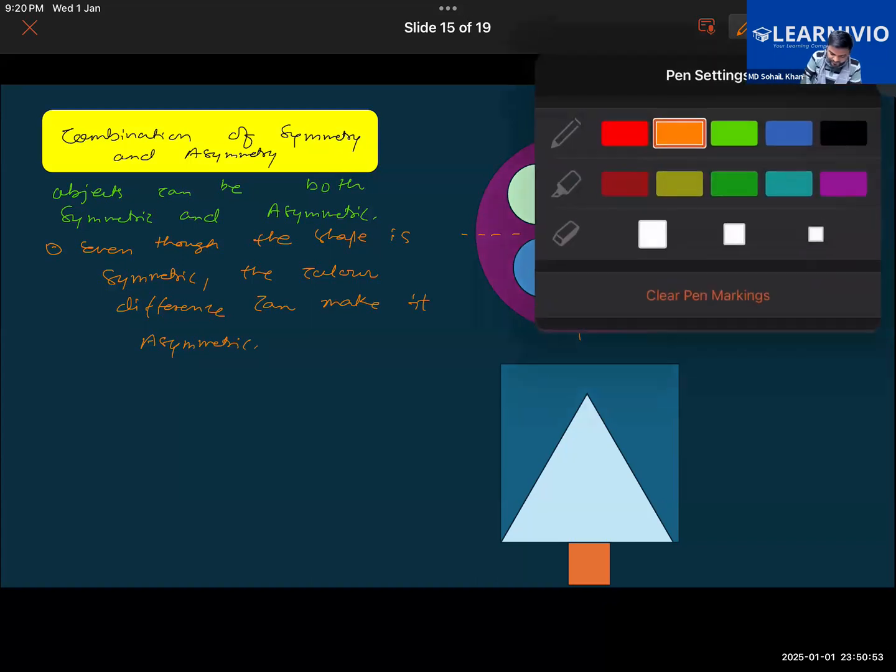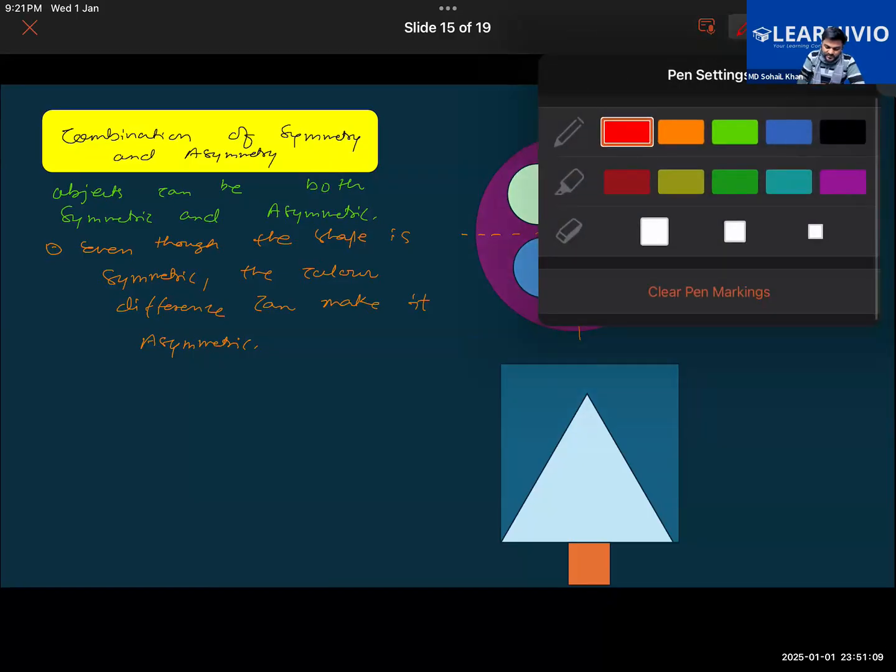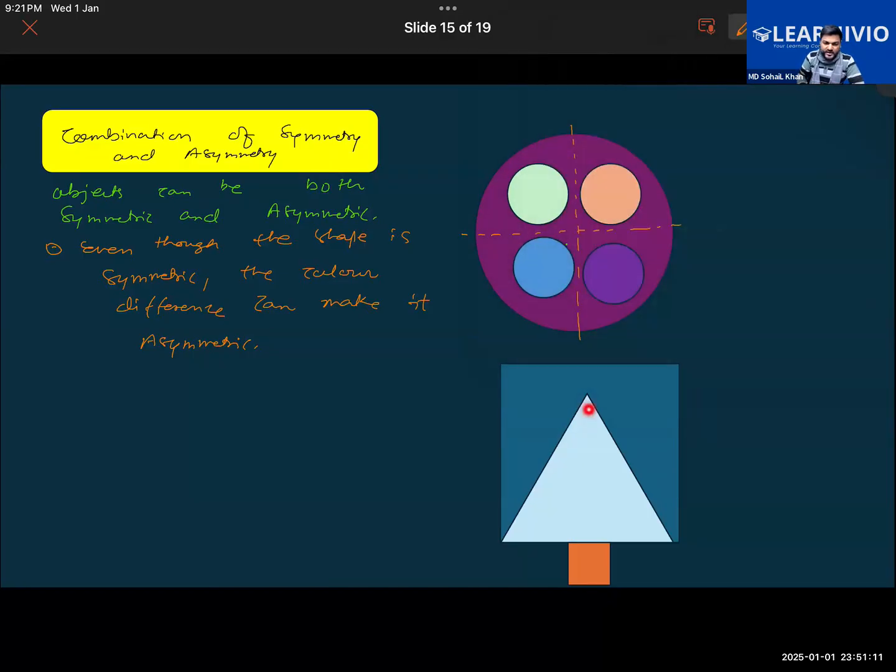So that's the point. Take a look at another example also. In this one also, we get to see a combination of symmetry and asymmetry, right? The given figure is symmetrical from the middle, it has a vertical line of symmetry or horizontal.